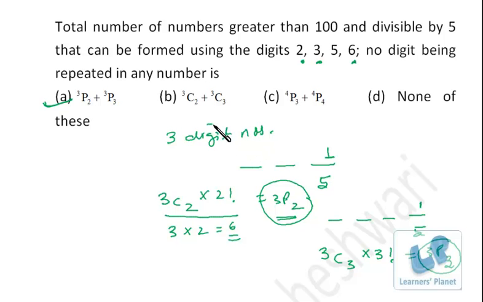Now we have been given this option also, this particular option. But if the student forgets that the arrangement will be 2 factorial and 3 factorial in these cases, he'll end up marking this option and there will be an error, right? You have to be careful about where to arrange and where not to arrange, right?